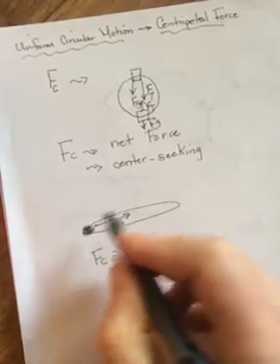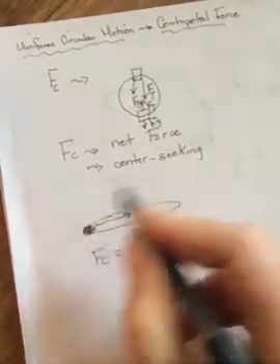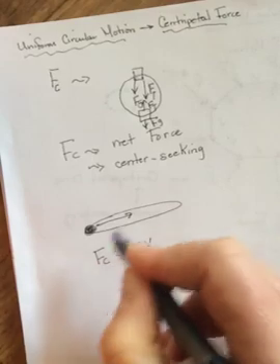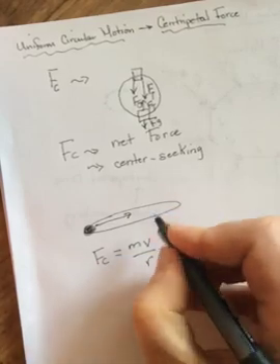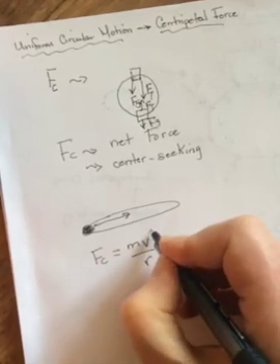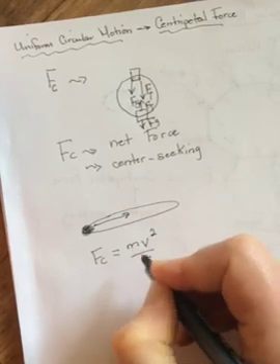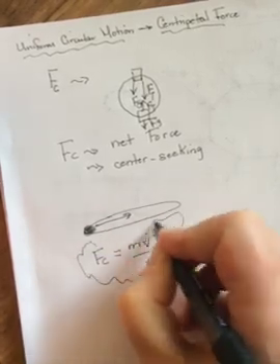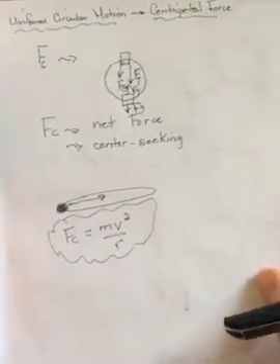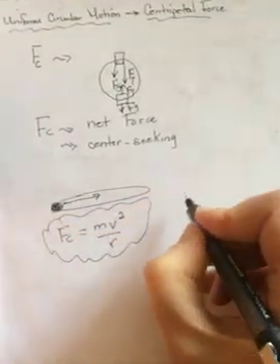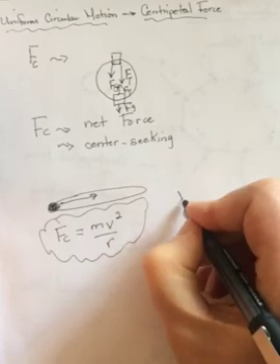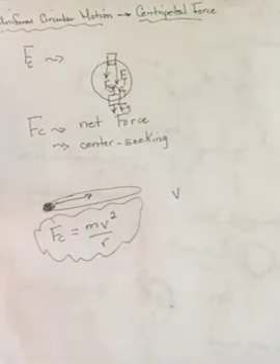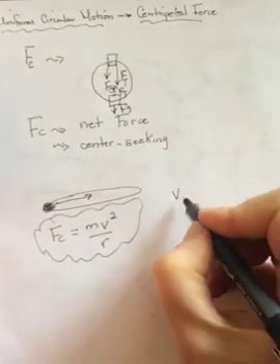Okay? And so playing with the stopper, imagining it in your mind, you should be able to see all of these things. The piece that we found experimentally is that it's actually mv squared over r. And this is the equation for centripetal force. Now remember, we're moving in a circle at constant velocity, right? Uniform constant velocity.